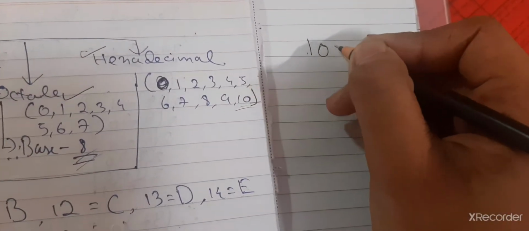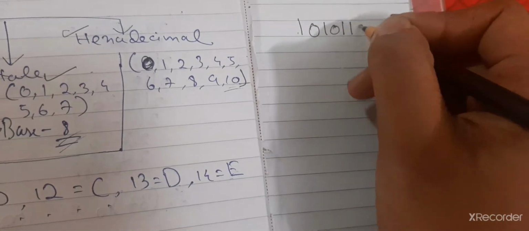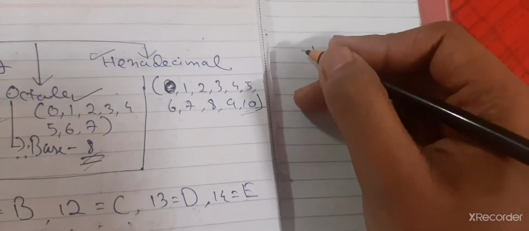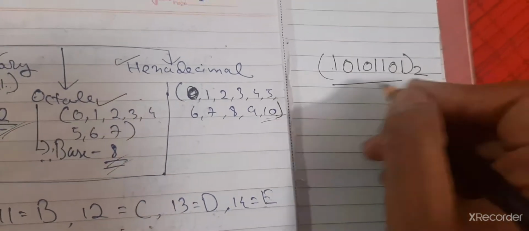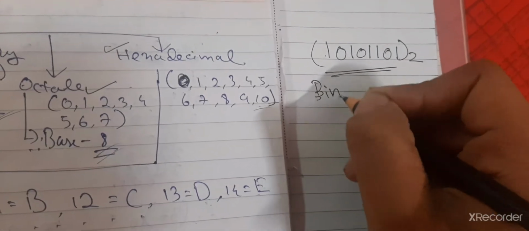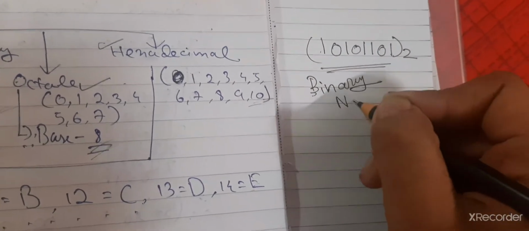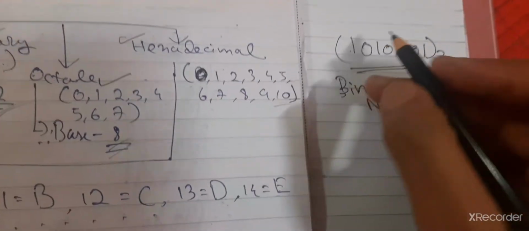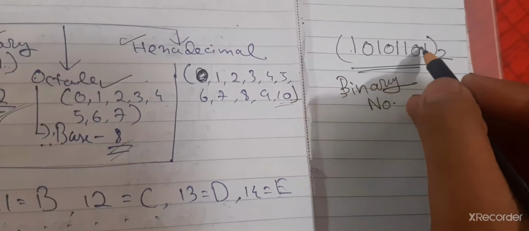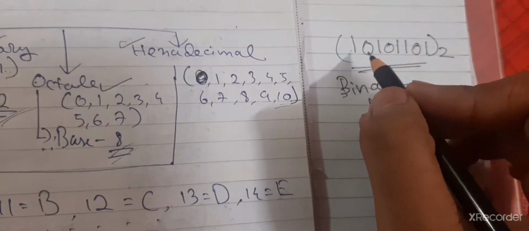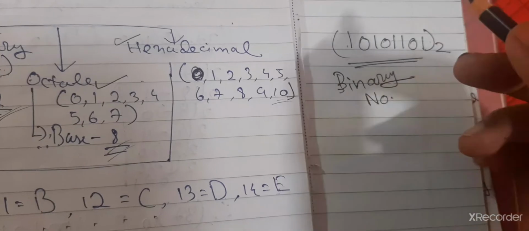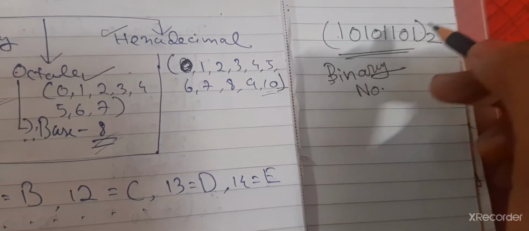Now, any number written in this format 1 0 1 0 1 1 0 1 brackets 2 at the base, this is represented as binary number, as it has only the digits which a binary number system must contain, only 1 and zeros.